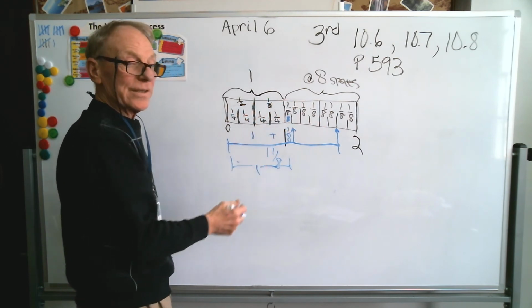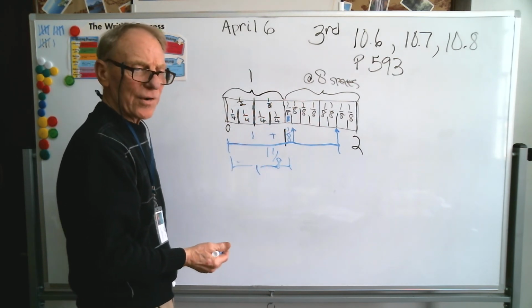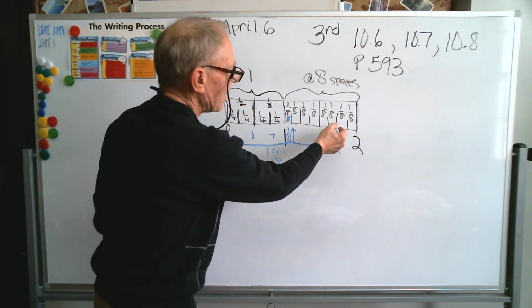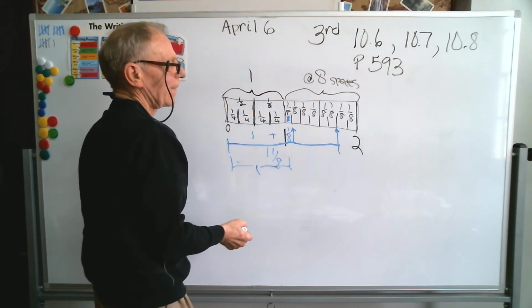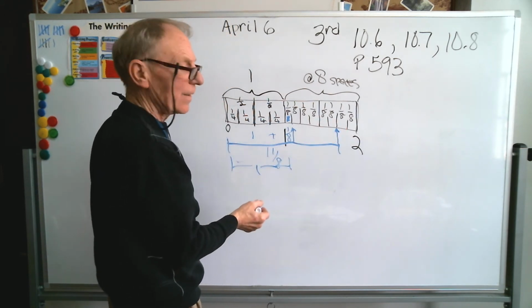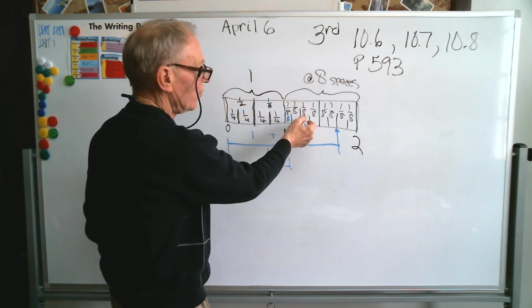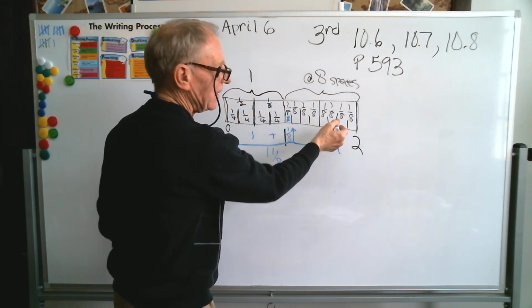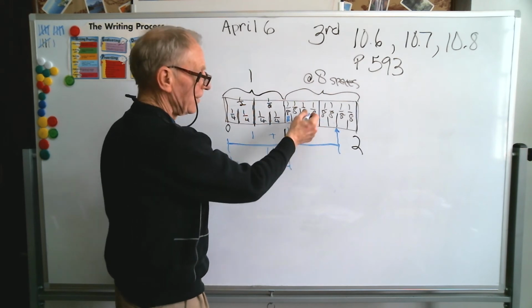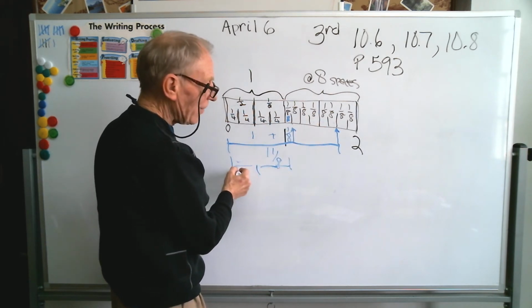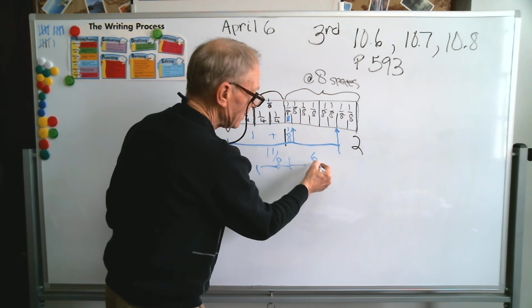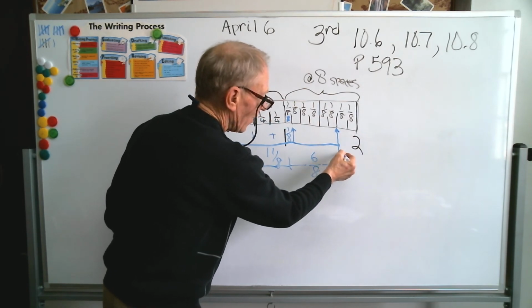And then I have to look and see how many 8ths there are, because it stopped right on this line here. There's 1, 2, 3, 4, 5, 6. 6/8. So we've got 1/8 here and 6/8 here.